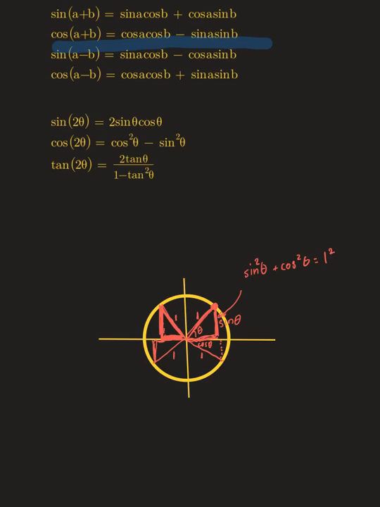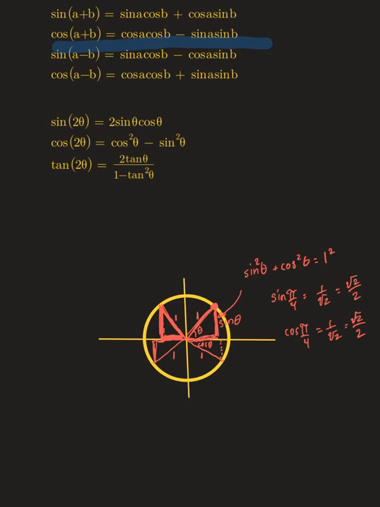Let's try out a few that we already know. So we know the sine of pi by 4 equals 1 over root 2, or root 2 over 2 if you prefer. Doesn't matter. And the cosine of pi by 4 is the same thing, equals 1 over root 2. So let's try sine squared theta plus cos squared theta when theta is pi by 4.